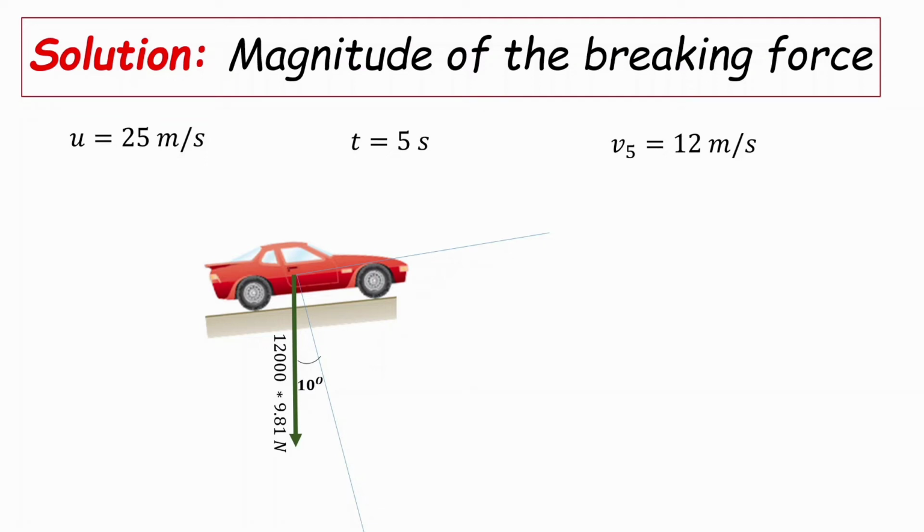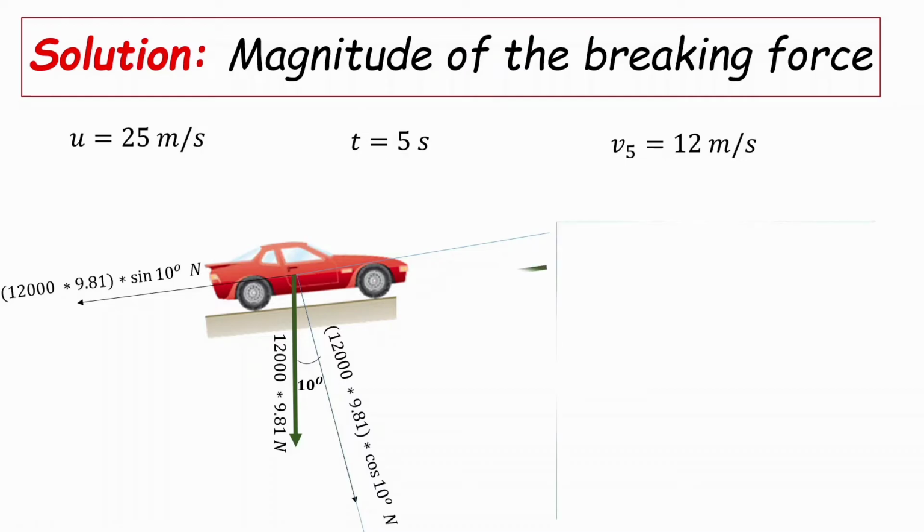And if we choose to resolve this weight of the vehicle into two different components, we have one in the direction parallel to the direction of the vehicle, and we have another one normal to the direction of the vehicle. And this is gotten by just multiplying by the sine and cosine of the angle for the respective directions. And finally, we have the braking force.